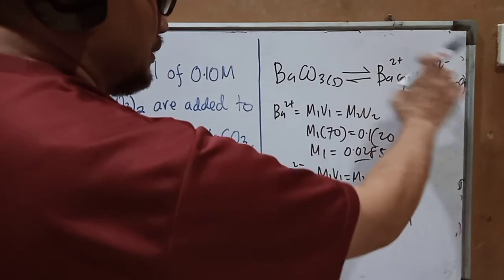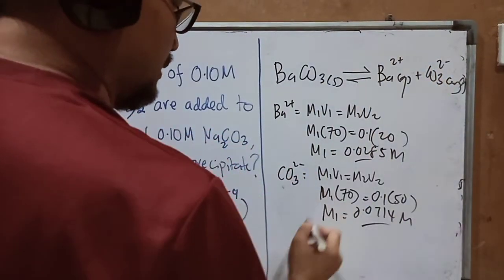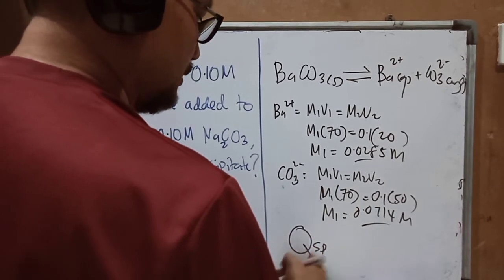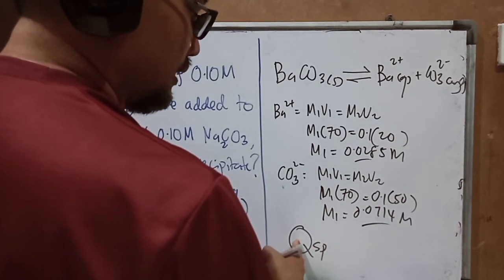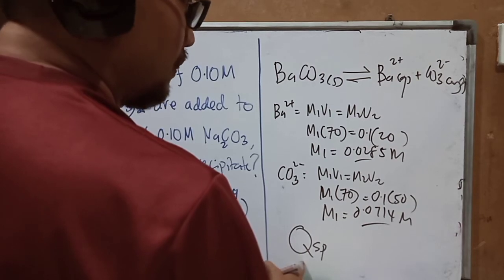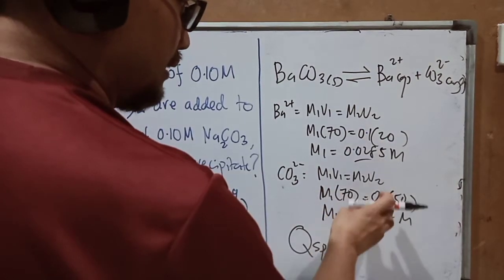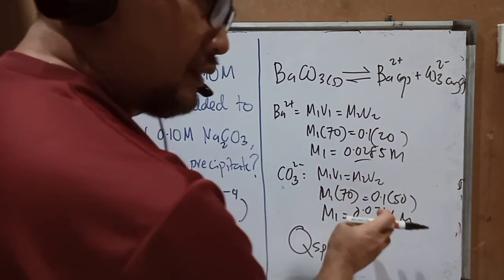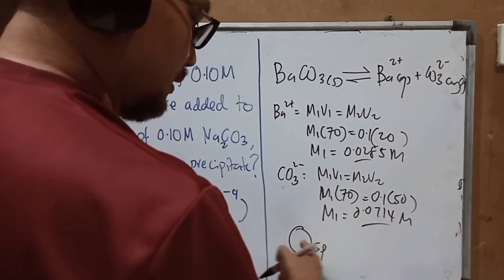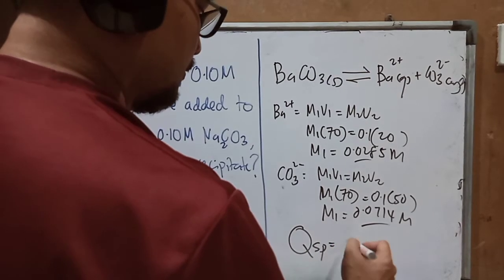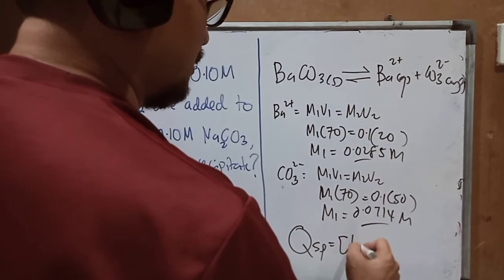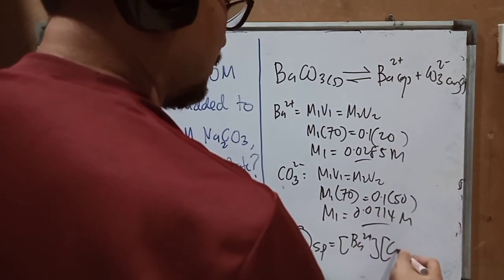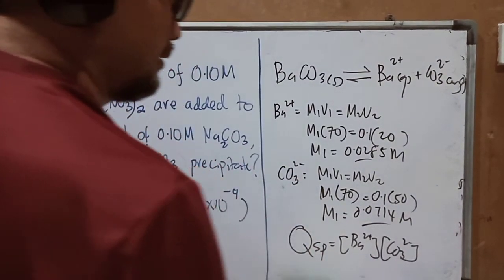And then from this equation we can use this formula, Q. We call it Qsp. This is not Ksp but Qsp, because this is not at equilibrium yet. We don't know whether this concentration is at equilibrium or not, so we use Qsp, but the formula is the same: concentration of Ba2+ times concentration of carbonate ion.